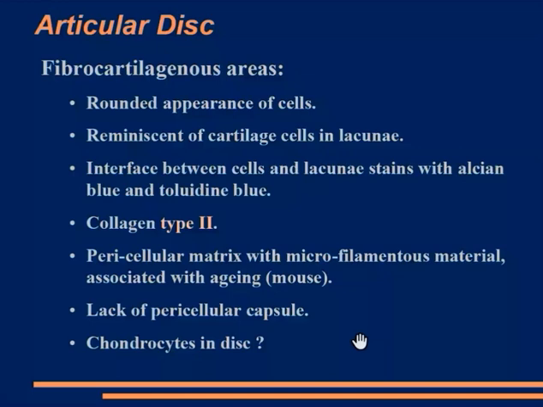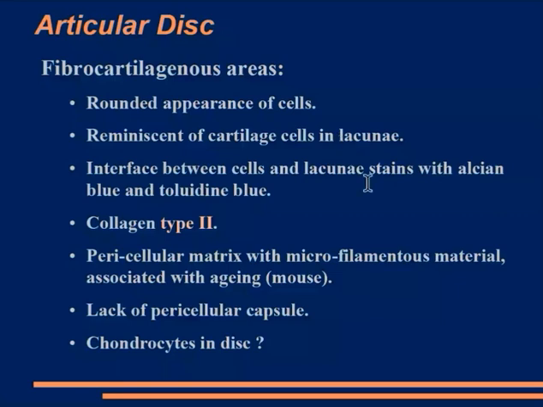In the fibrocartilaginous area, we will see a part of the articular disc, of course. We see the rounded appearance, fibroblast-like cells. We have the cartilage-like cells also. We have also the peripheral matrix.